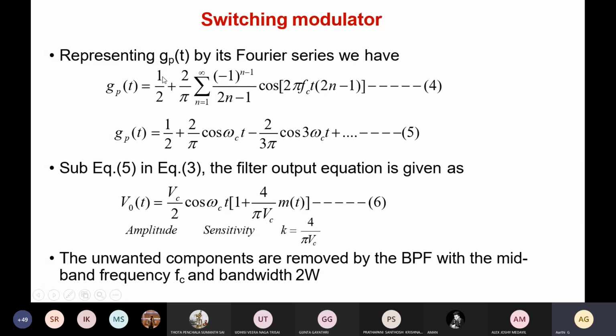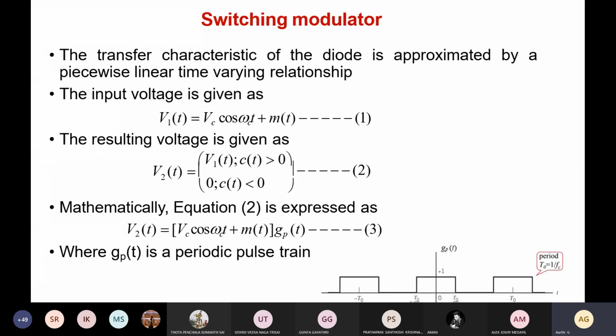We expand this equation and keep the first two terms, n equal to 1 and n equal to 2. The Fourier series keeps on going, but we stop here for Gp of t. And this we are going to multiply with the third equation.